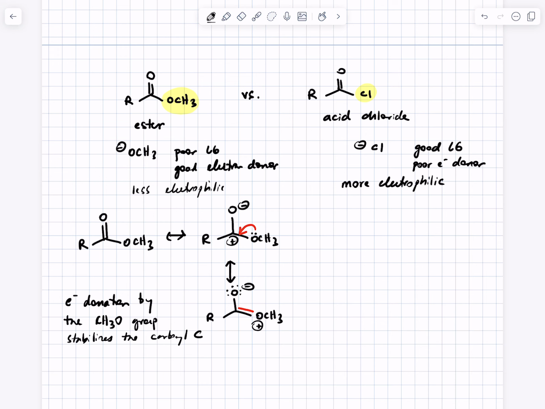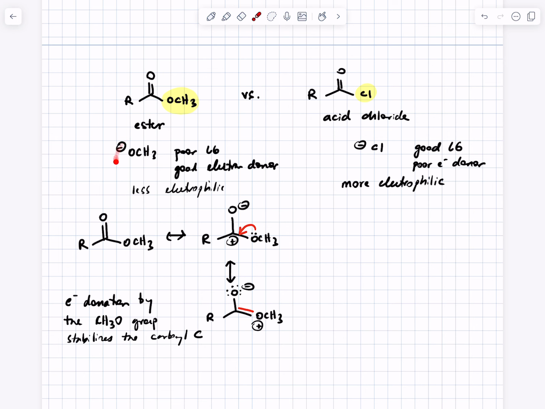So, for example, if you look at the ester, the Y group would be this methoxy group, whereas for the acid chloride, it's just Cl. Cl is a good leaving group, the conjugate base of a really strong acid. It's pretty stable on its own. That means its electrons are low in energy, and therefore not particularly good at being electron donors.